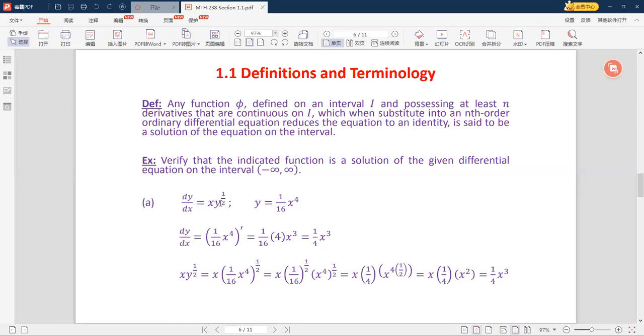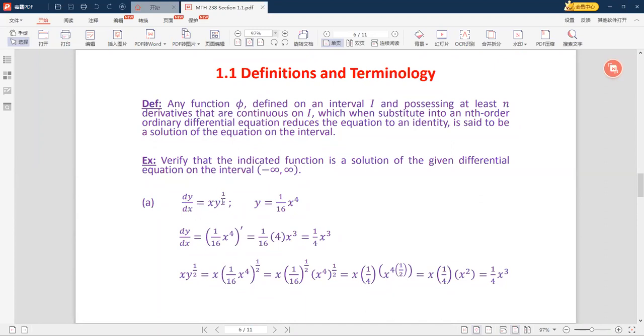So that's not linear. Remember, in order for the differential equation to be linear, all the powers of the derivatives and of y itself have to be 1. So it is first order but not linear.